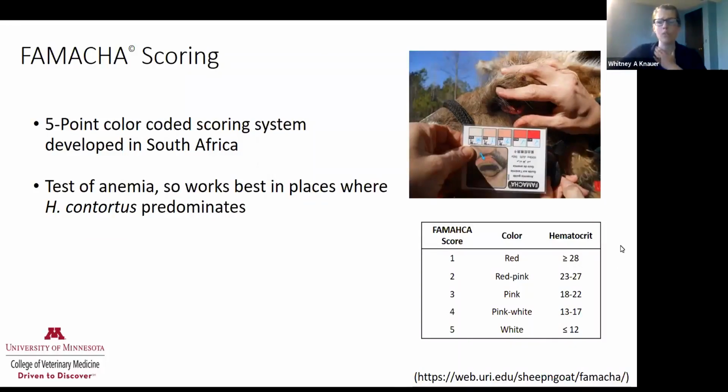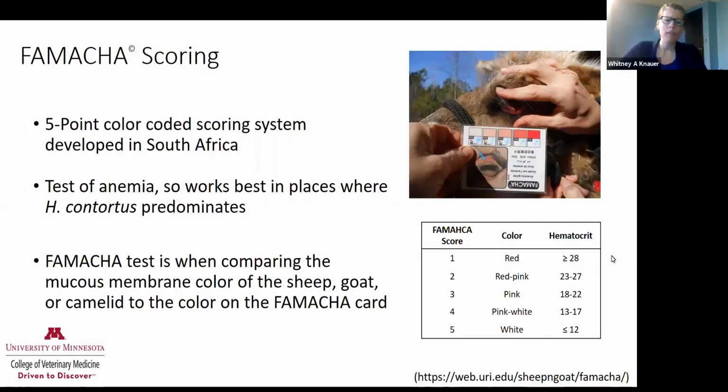There have been some very diligent scientists who have correlated the color with the amount of red blood cells that are circulating in the blood. So it's a test of anemia, or a test for Haemonchus contortus.